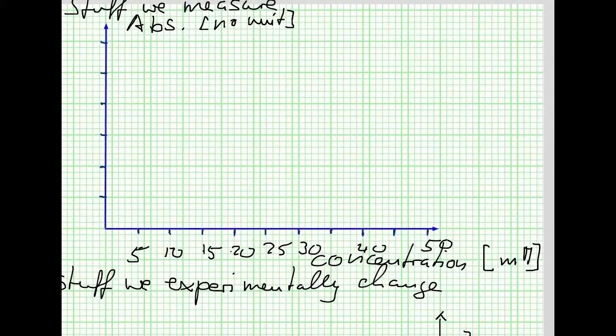And the same for the y-axis. So let's say here we have 0.1, 0.2, 0.3, and so on and so forth. And then you just simply draw your graph. So here we would probably go up to this point.